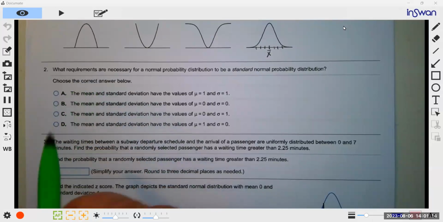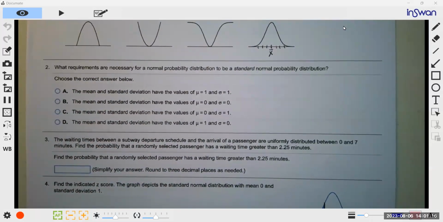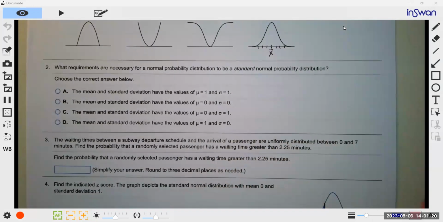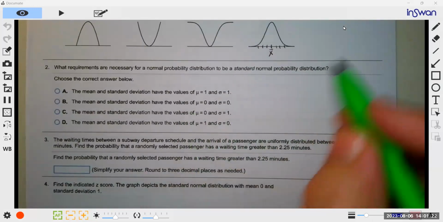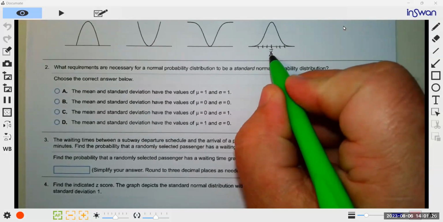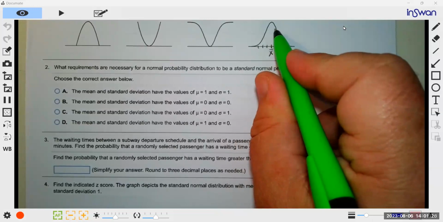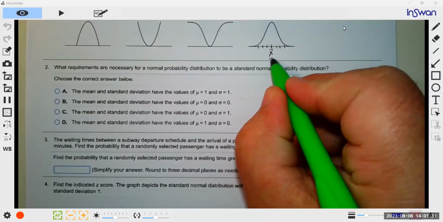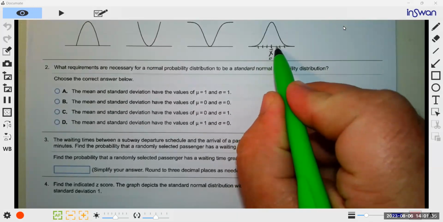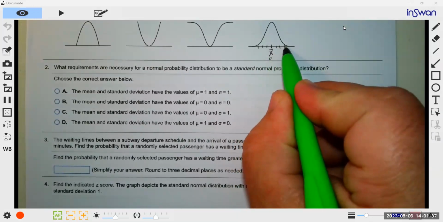All right, what requirements are necessary for a normal distribution to be a standard normal probability distribution? Okay, so that's your mean. It's in the middle, so that has to be 0. And then each one, there's 1 plus 1 is 2, 2 plus 1 is 3.